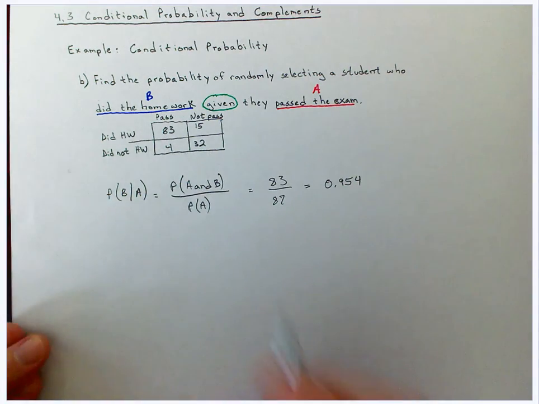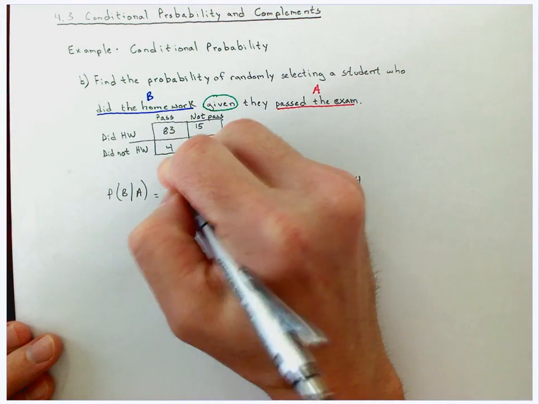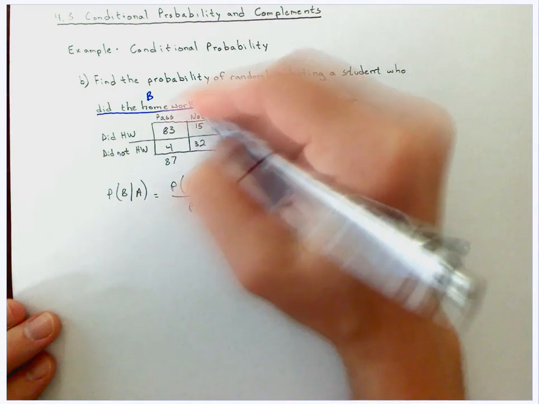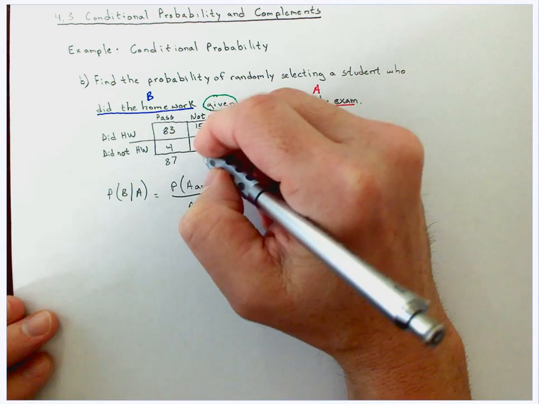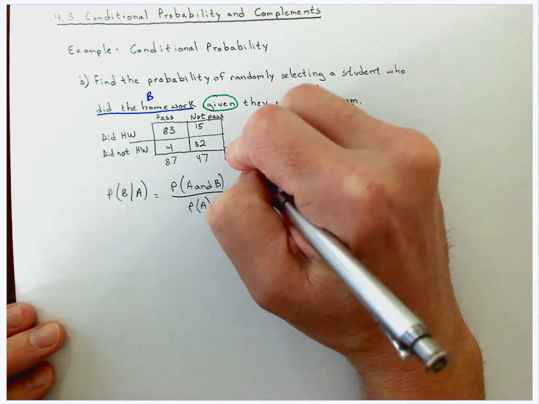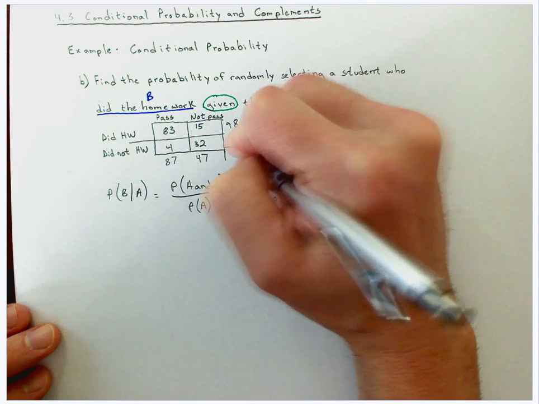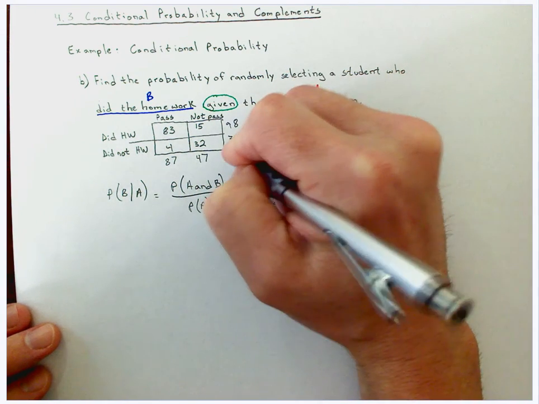Again, working it the other way, if I turn around and I take my totals, 47, 98 and 36, and 134.